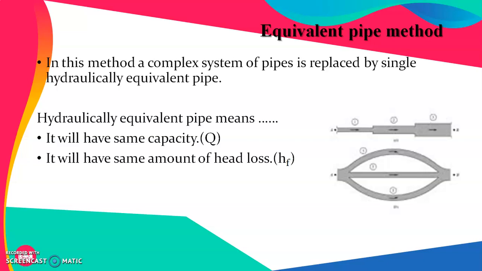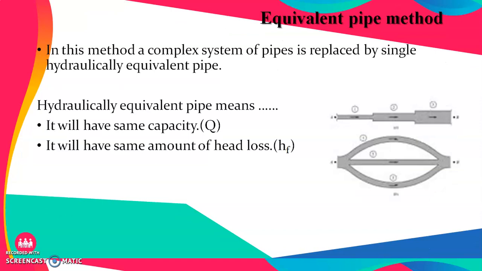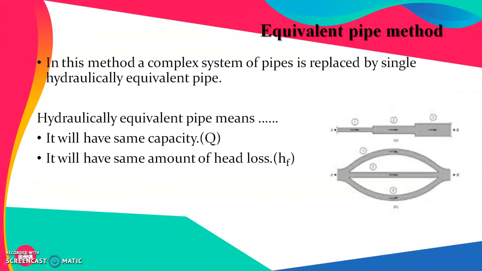Let's try to understand the equivalent pipe method. So equivalent pipe method is the method in which a complex system of pipe is replaced by the single hydraulically equivalent pipe. Hydraulically equivalent pipe means it will have the same capacity.